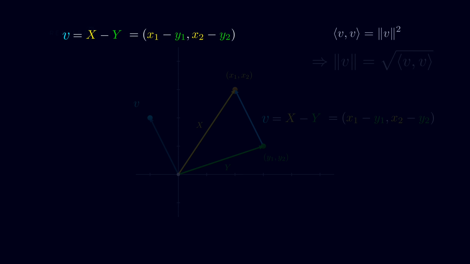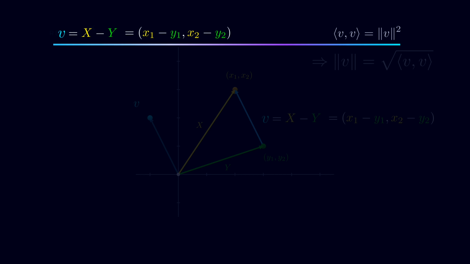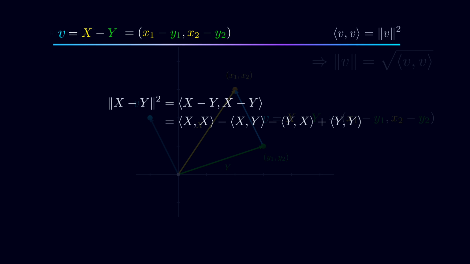From these relations, first of all, we have the square of the norm of x minus y is the inner product of x minus y with itself. Here, using the bilinearity of inner product, we get this.